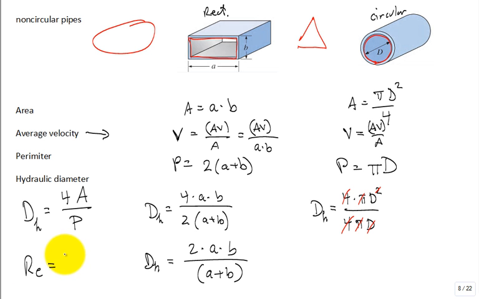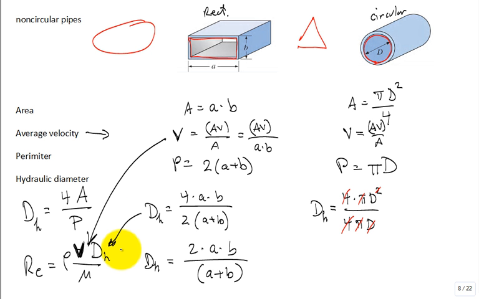I need rho V hydraulic diameter over mu. How do I get this V? It's right here. The volumetric flow rate divided by the area gives me that average speed used in the Reynolds number. How do I get the hydraulic diameter? Right there.